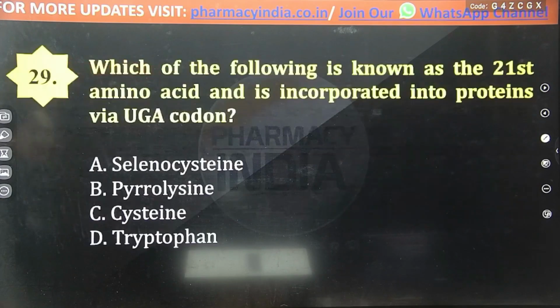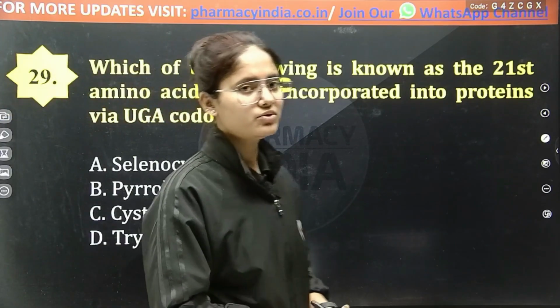Next question, second last question is, which of the following is known as the 21st amino acid and is incorporated into protein via the UGA codon? What is UGA?